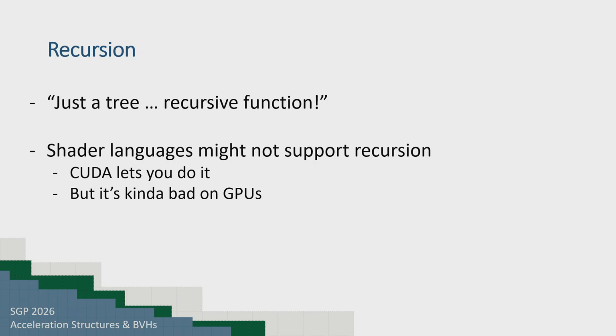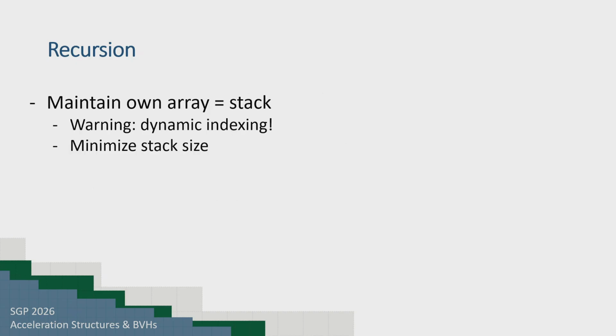So what you usually want to do is create your own stack. Minimize the data you put on the stack, minimize the way you access it. Sometimes it's even worth caching some values in local variables for the bottom part of the tree, just to minimize memory traffic. If you do this, remember on the GPU, this will require dynamic indexing, where you compute an index, you random access memory.